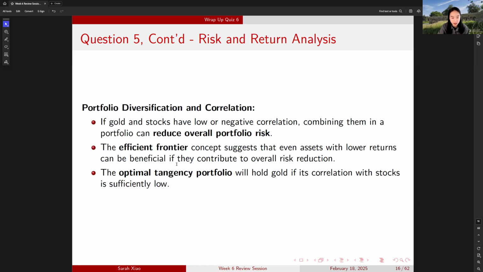Next, the optimal tangency portfolio will hold gold if its correlation with stocks is sufficiently low. So that's the reason why people want to hold gold, although it has a lower expected return and variance.